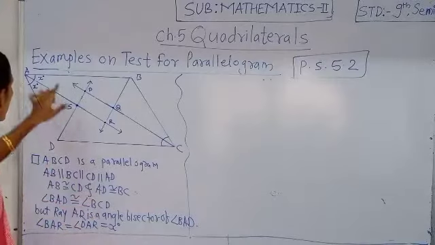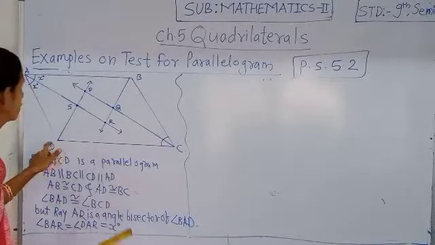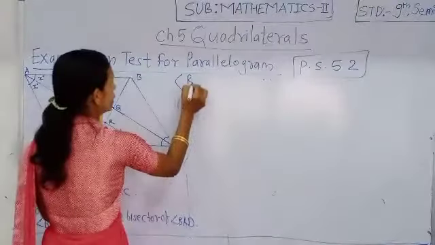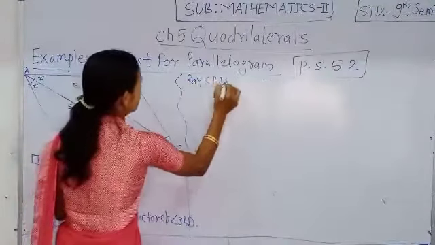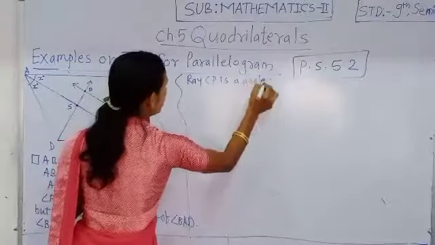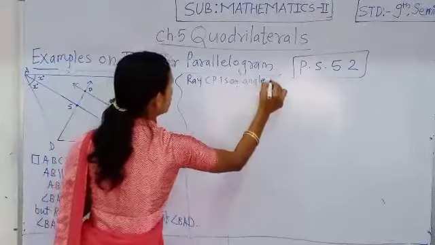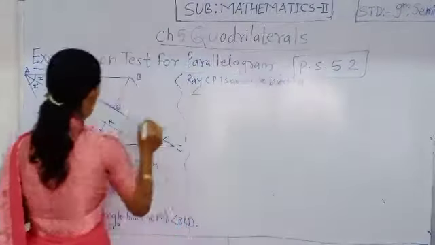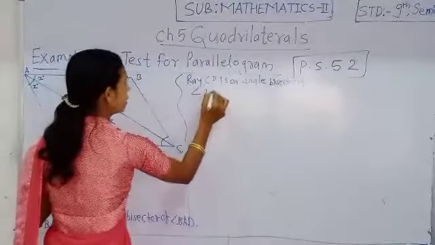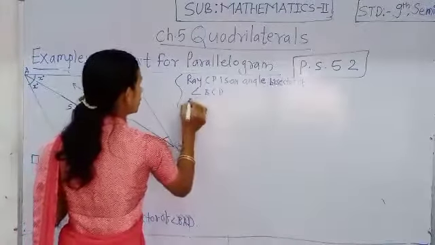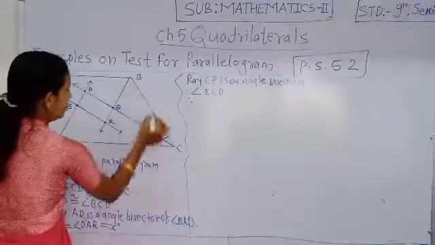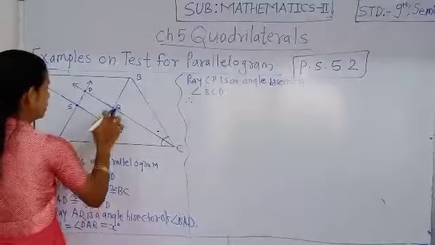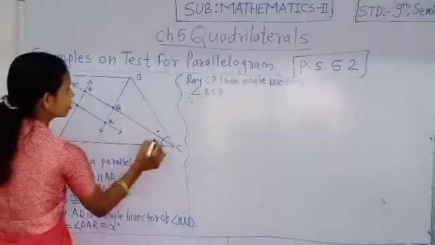Then here angle BCD, of which ray CP is an angle bisector of angle BCD. Therefore, here angle BCP and angle DCP are also congruent.